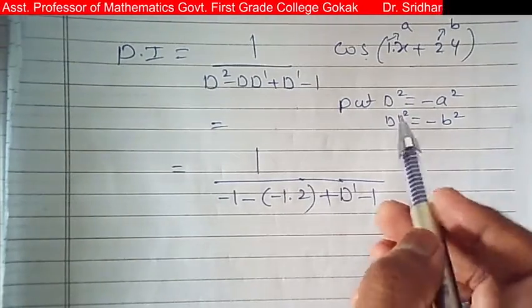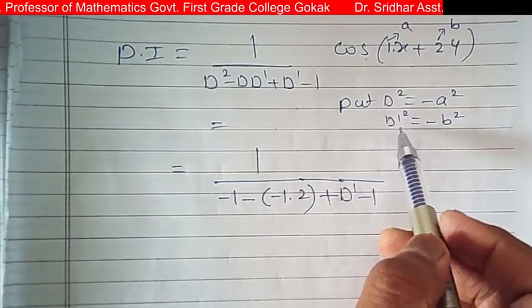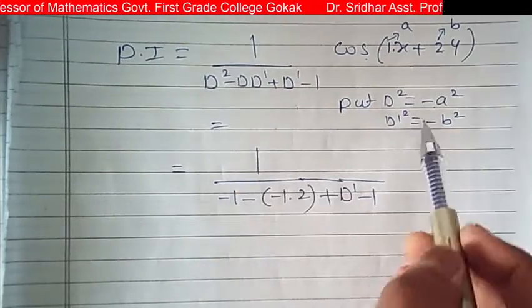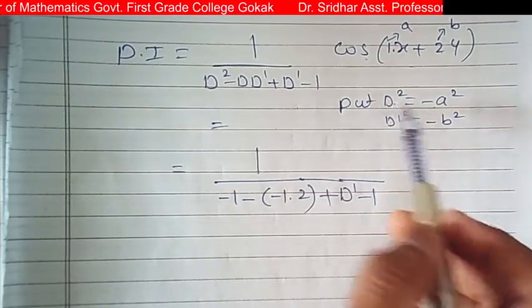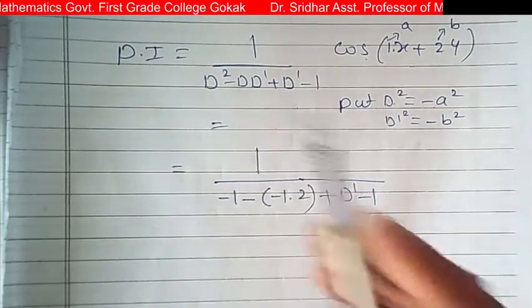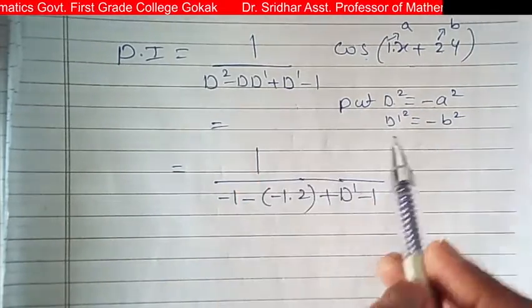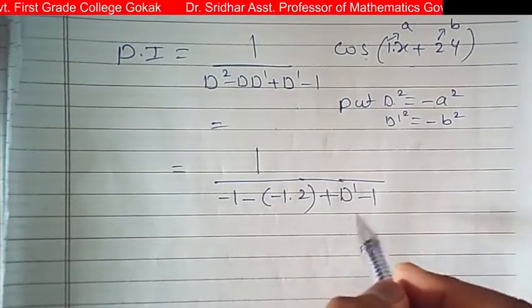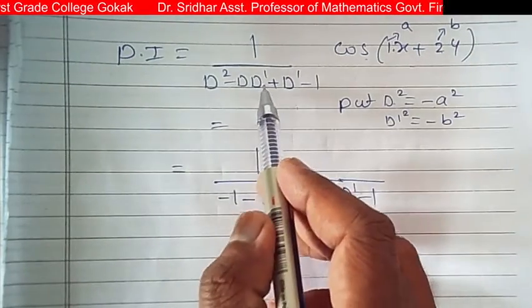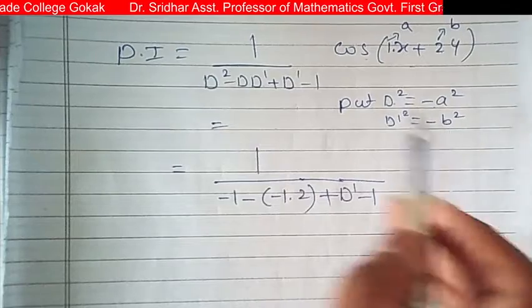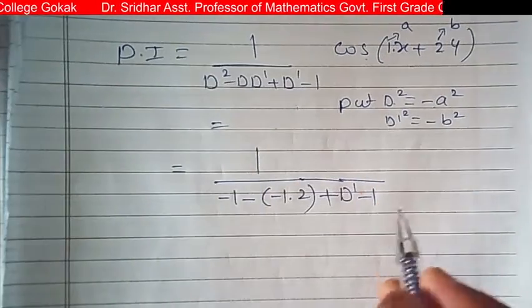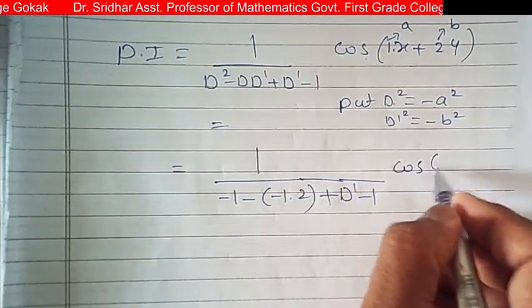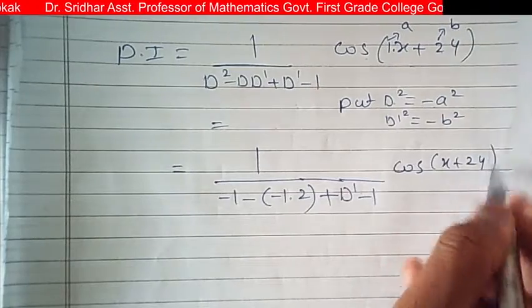Here there is no term of D dash square, only D square is there. So we replace D square by minus a square, and D into D dash is replaced by minus 1 into 2, where this is 1 and this is 2. And cos of x plus 2y as it is.